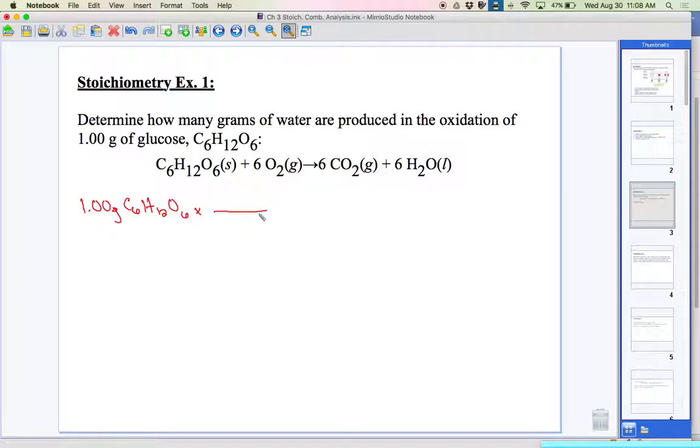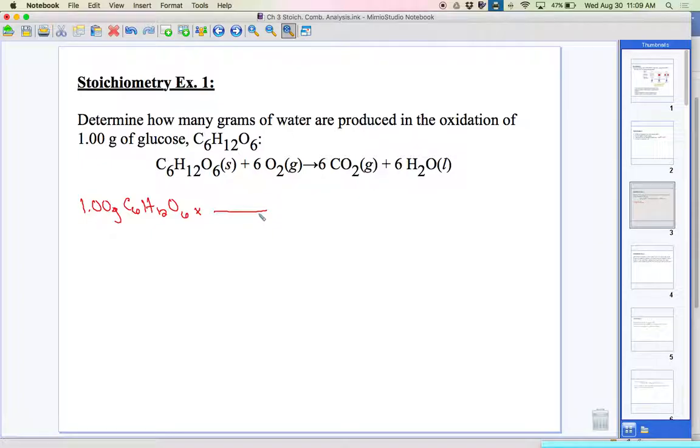Don't forget to multiply times their subscripts. So this is 6 times 6, and this is 6 times 16. We're not just adding up those numbers, we're adding up the weights. Where's your periodic table?